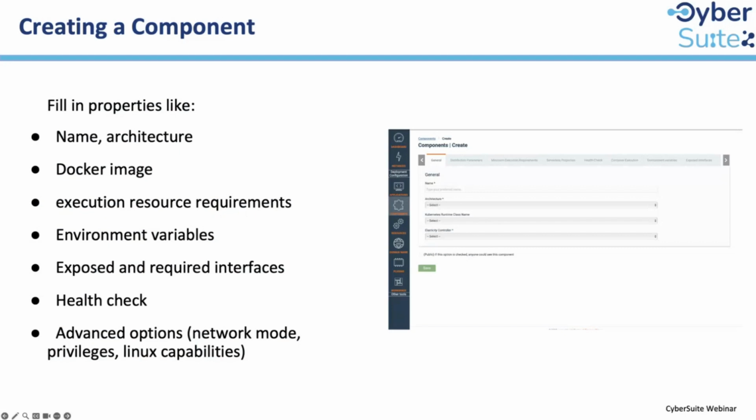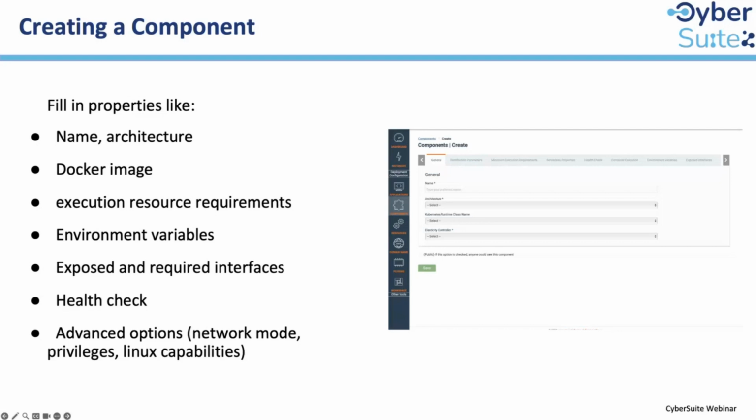Starting by defining components, a user can define the name of a component and the supported architecture, whether it is ARM or Intel architecture, or even RISC-V. We have successfully deployed on RISC-V Kubernetes clusters. But the main thing is to provide the container image that is to be deployed.